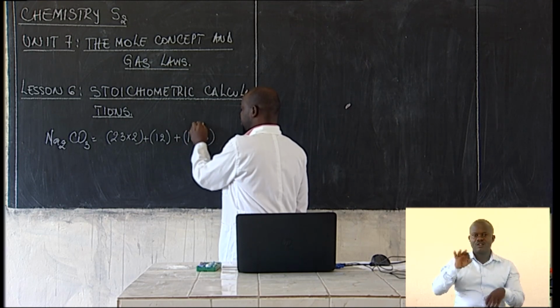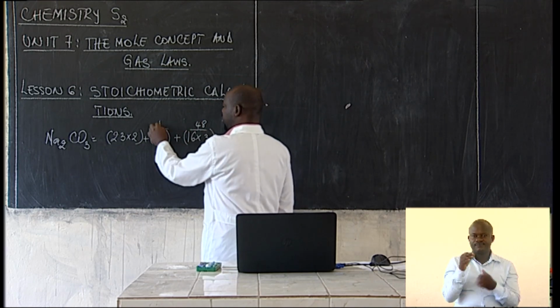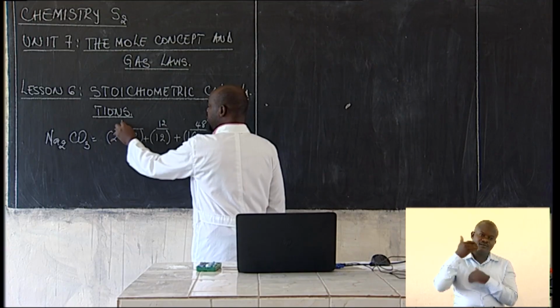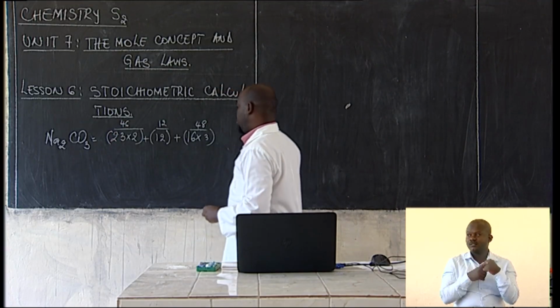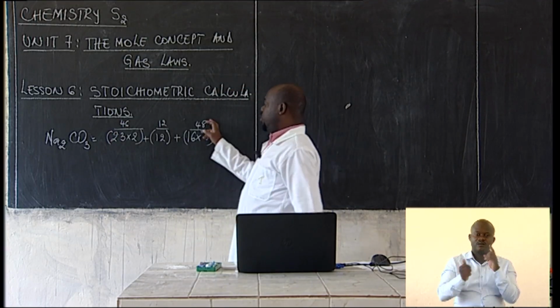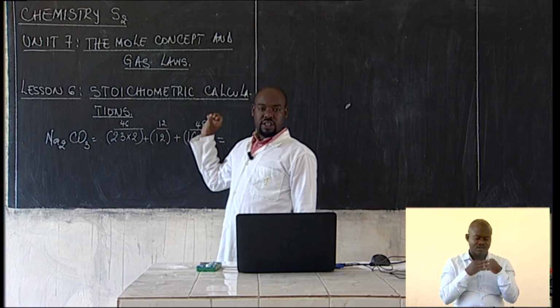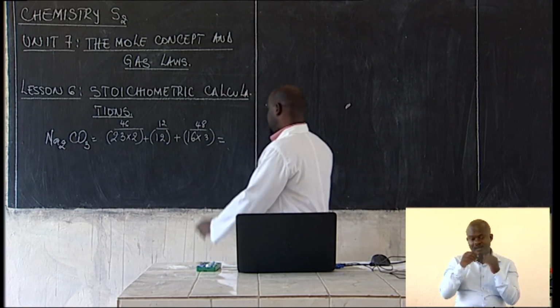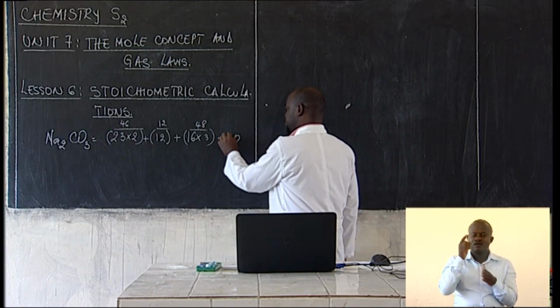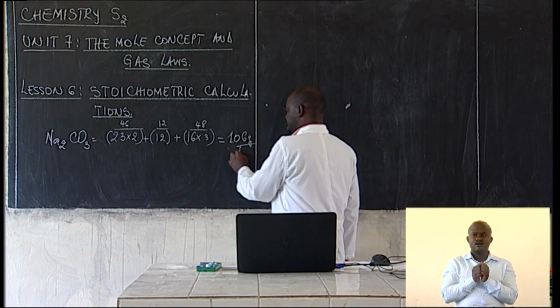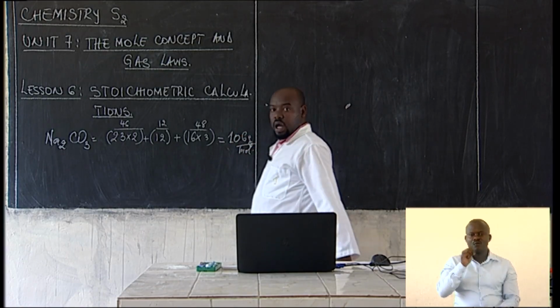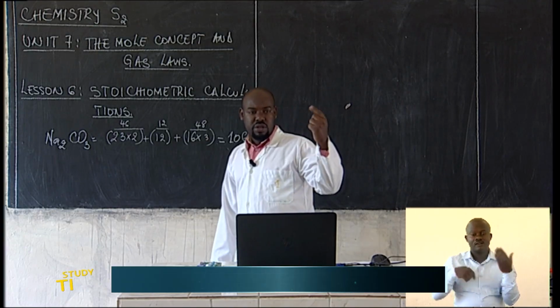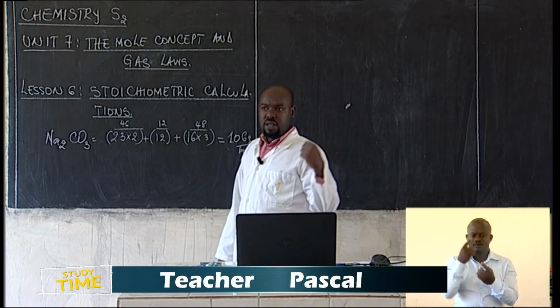Then here we get 48. Here we have 12. And here we have 46. And what do we get? 48 plus 12, that is 60. Plus 46, that is 106 grams per mole.